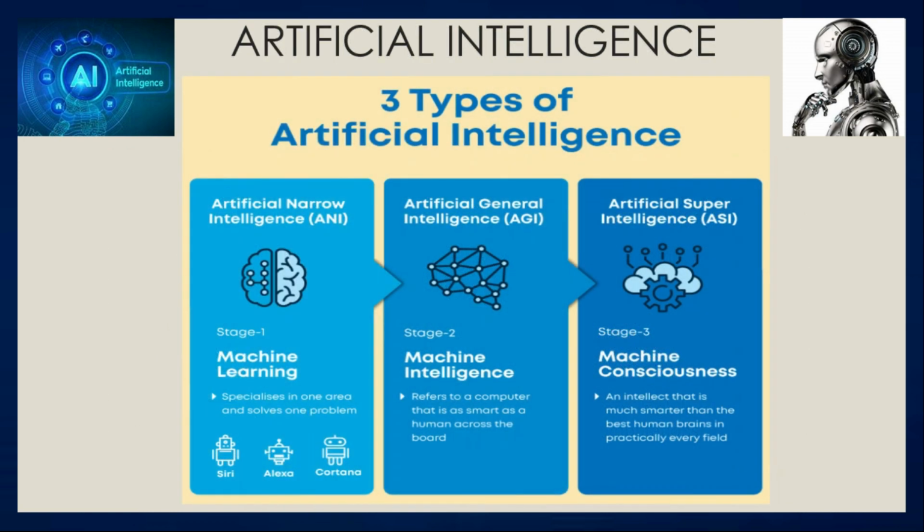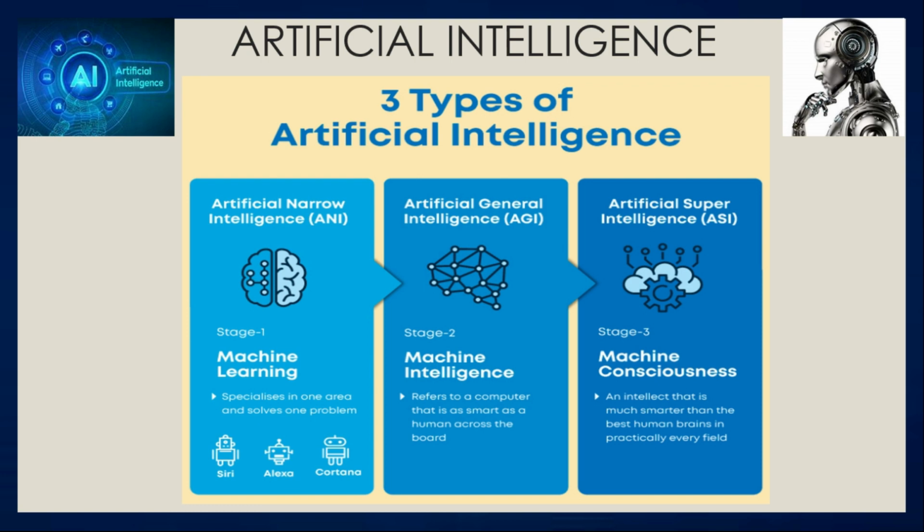Okay, with that, let's move on to how many types of artificial intelligence we are actually seeing in the industry. There are three: artificial narrow intelligence, artificial general intelligence, and artificial super intelligence. Going from left to right, artificial narrow intelligence is where we adopt one subset of AI, that is machine learning, which everybody might have already seen. For example, in your smartphones, Amazon has Alexa, which recognizes the voice, converts it into text, and gives you good suggestions.